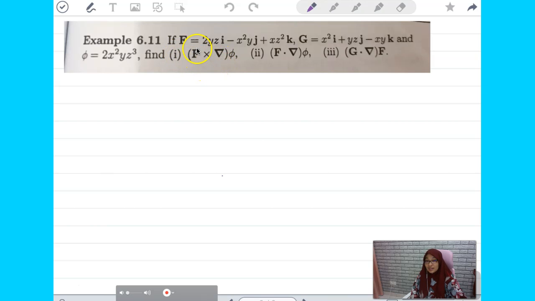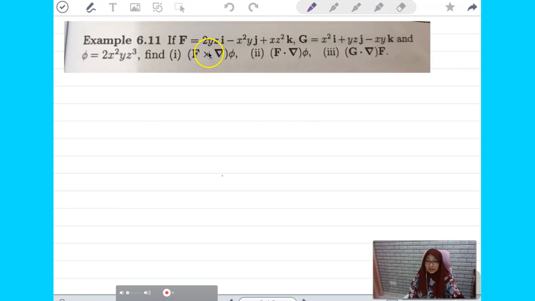Normally we have the cross product where the gradient is in front, right? But now you have the gradient over here. So how can we do this? Is it possible? Yes, possible, because the gradient here is a vector operator.